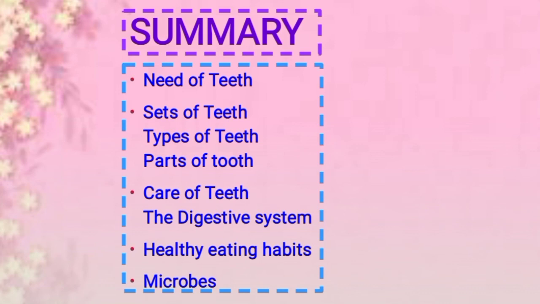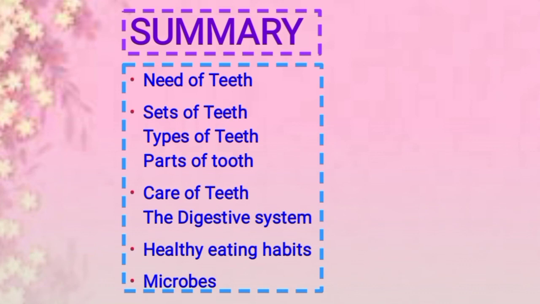Then we have covered topic like care of teeth, different ways to protect our teeth, then digestive system, in which we have covered function of different organs like mouth, food pipe, stomach, small intestine, liver, large intestine and anus.